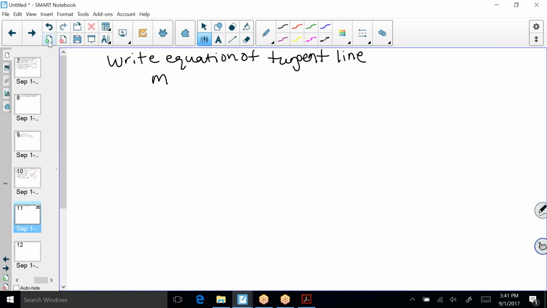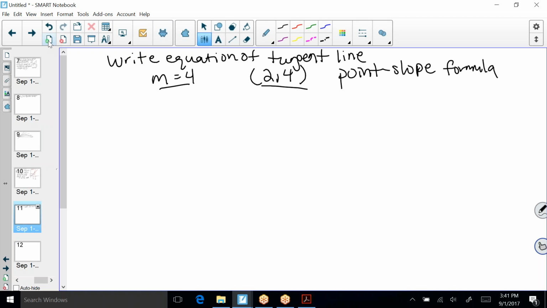So what we know is that the slope is equal to 4, and then we know that we have that point 2 comma 4. So we can use the point slope formula. And we can do that since we have a slope and we have a point.